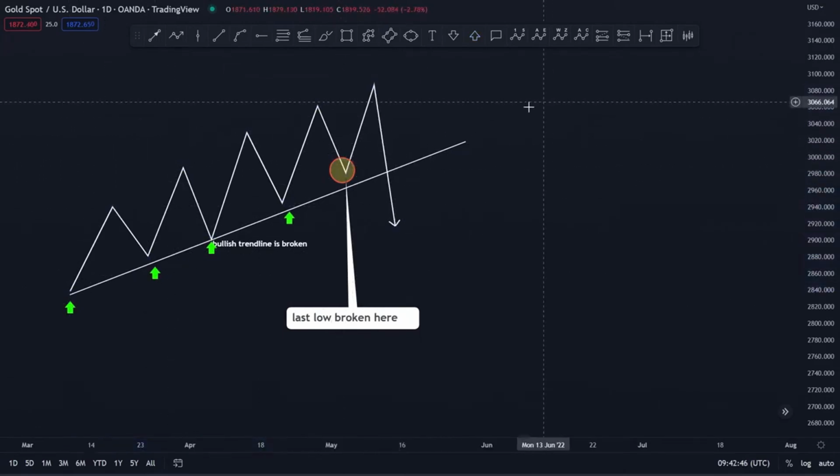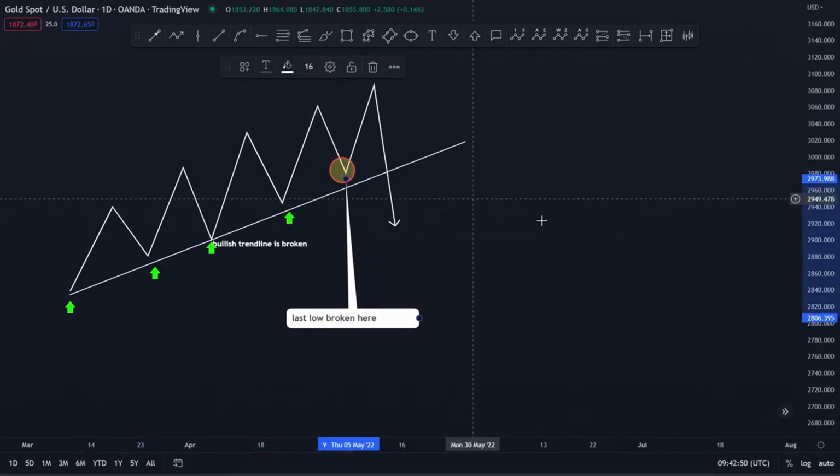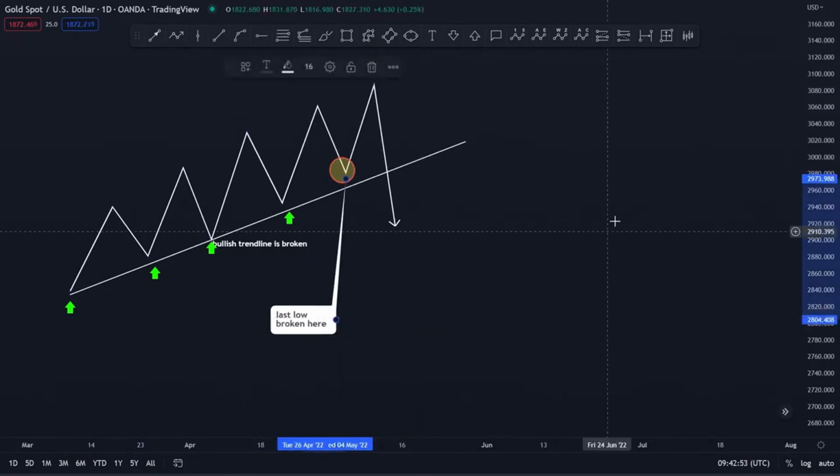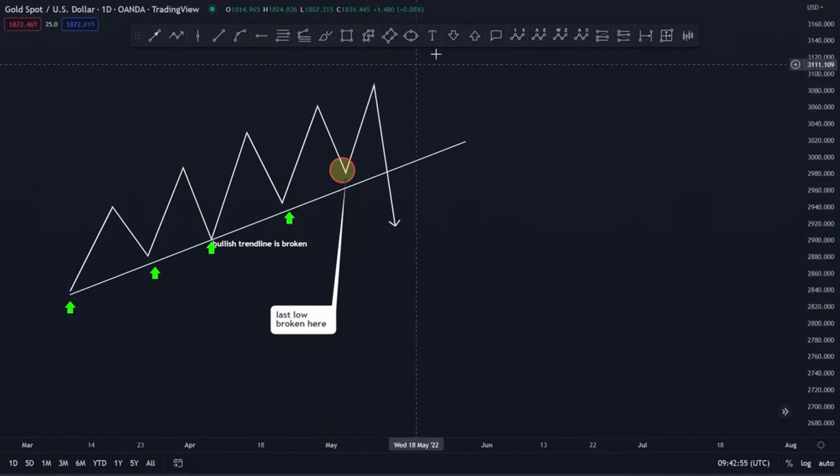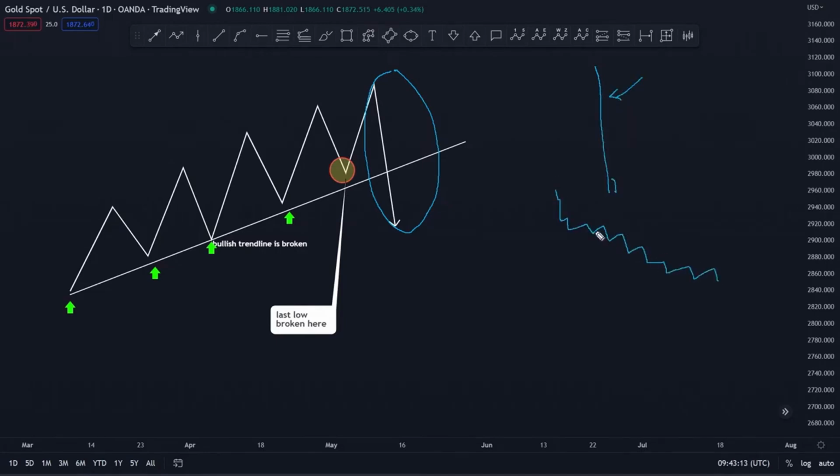Because we have this, we are going to find what you call an impulse. So that means this move right here has to be a little bit fast. That means it has to be strong, like it has to move aggressively. It must not go down like this, because if it goes down like this, that means the market still has the potential to shoot higher.